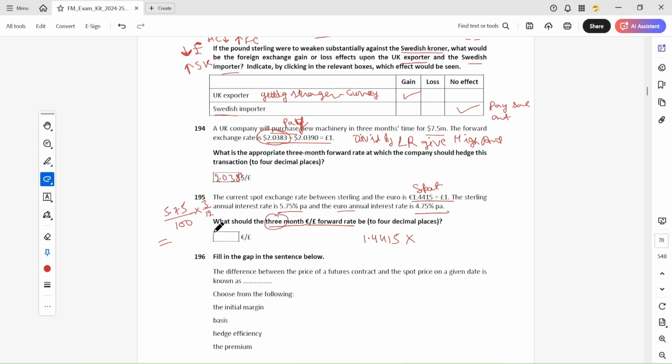After 3 months, how much will we get? 5.75 divided by 100 multiplied by 3 divided by 12. Okay, you know what the formula is? We get 0.0118, 0.008.